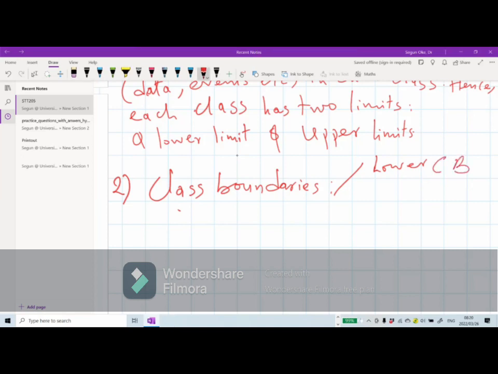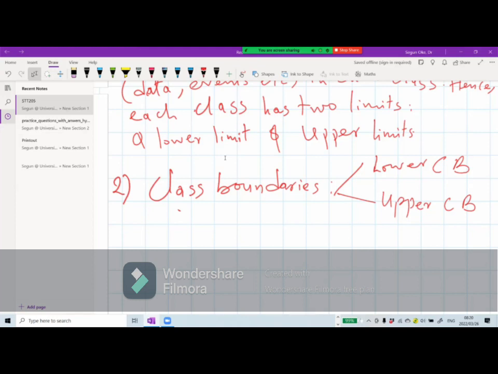We have lower class boundary and we have upper class boundary. It's just a facilitation that I'm doing, not really a teaching, but I will try as much as possible to come to our level.